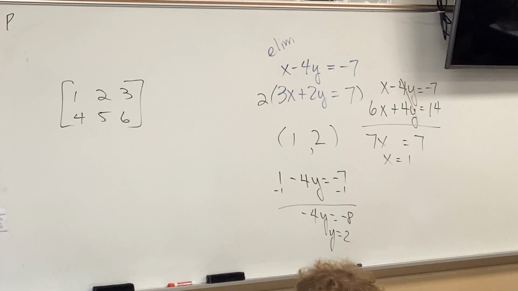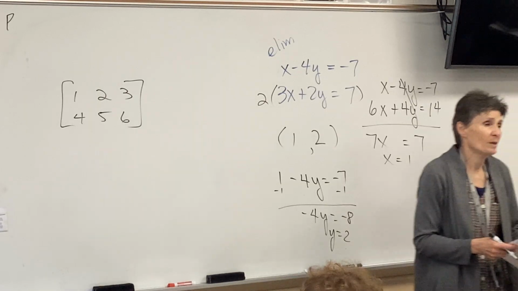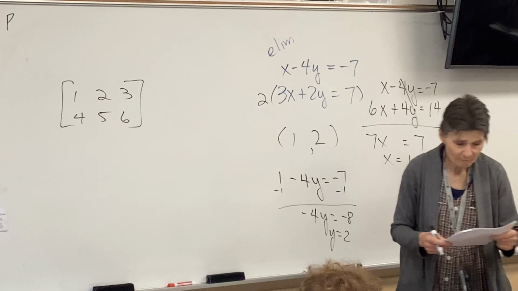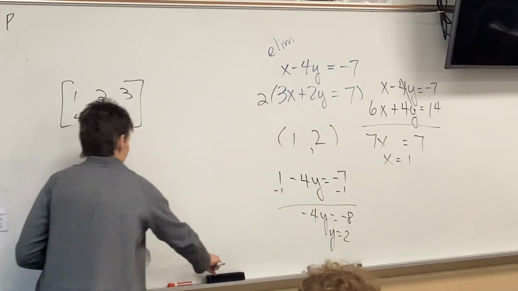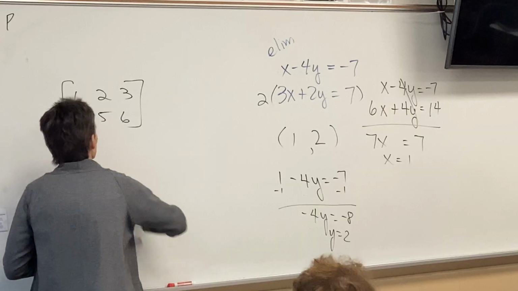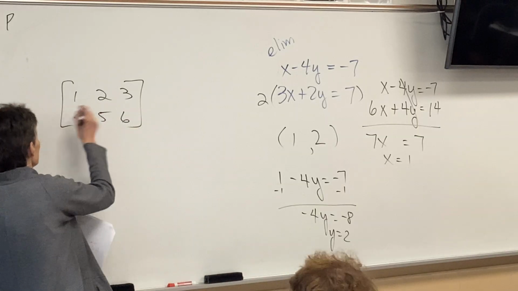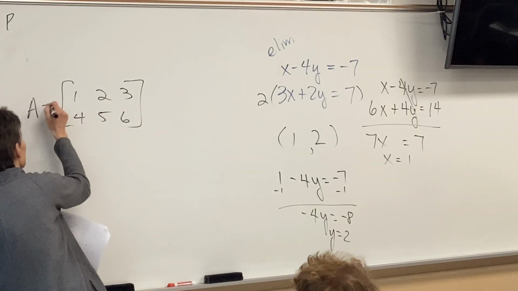A matrix that has the same number of rows as columns. We can do stuff with squares that we can't do with others. Okay, so I'm just going to use this guy right here, although I don't like that actually. Oh yeah, that's no. I'm going to use this. I'm going to call this matrix A.